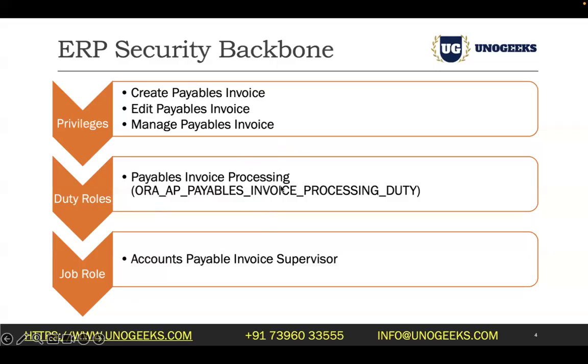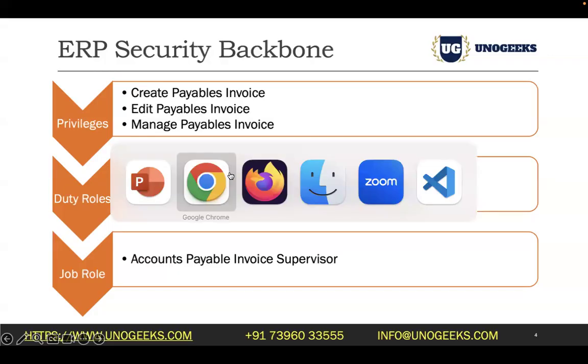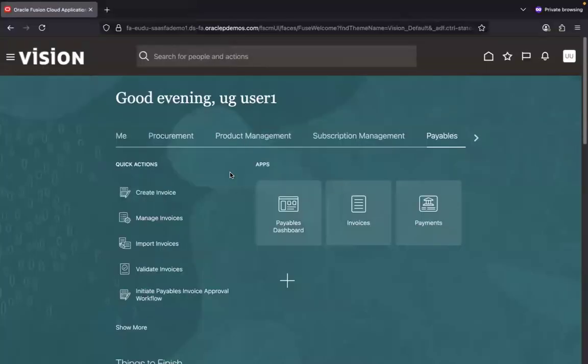So this is one of the key duties that the supervisor has to perform. For the accounts payable invoice supervisor to be able to process invoices, what is it that he should see in the application, guys?